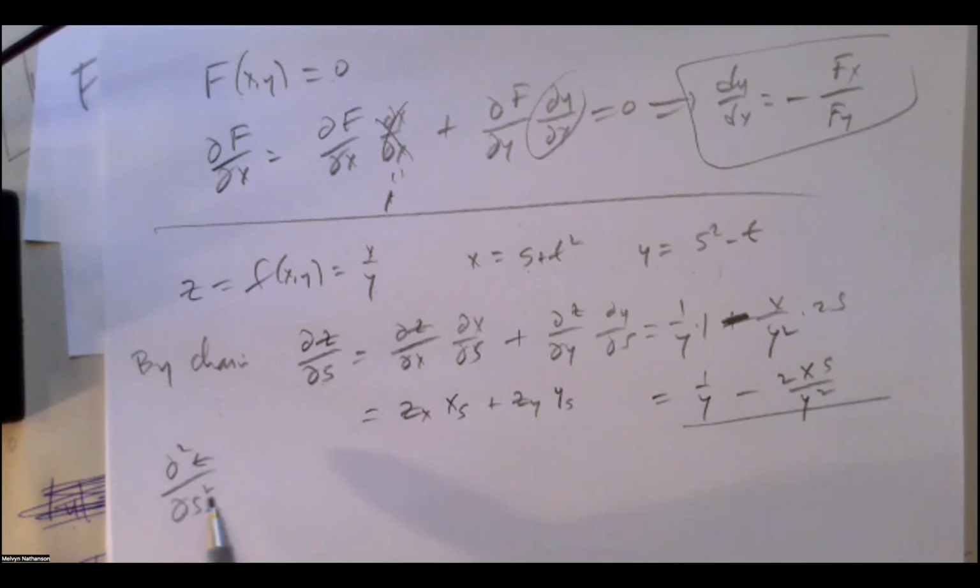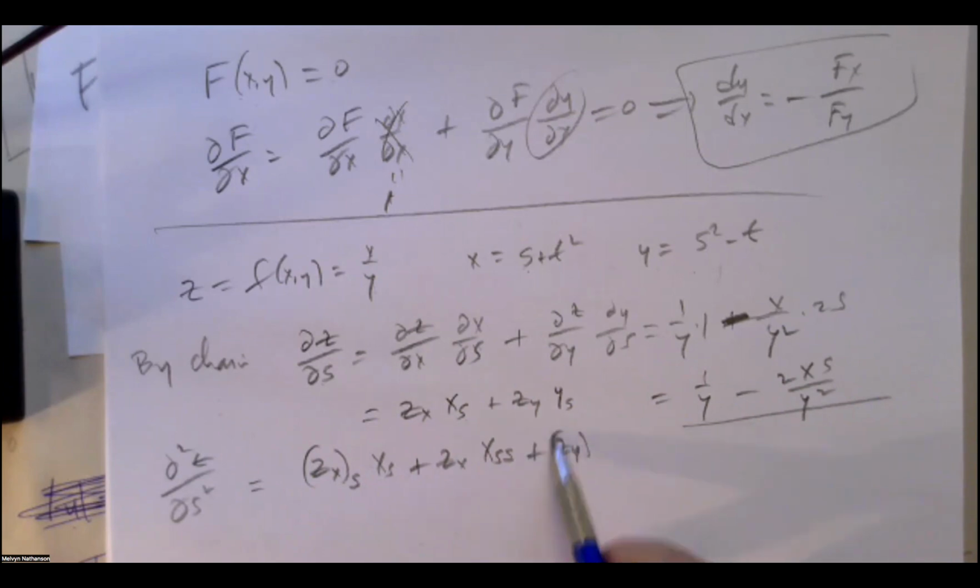And if I want to differentiate this again, by the product rule, that's the partial of z with respect to x differentiated with respect to s times x sub s, plus the partial of z with respect to x, partial of x with respect to s differentiated again with respect to s, plus the partial of z with respect to y differentiated with respect to s, times the partial of y with respect to s, plus the partial of z with respect to y times the partial of y with respect to s differentiated again with respect to s.